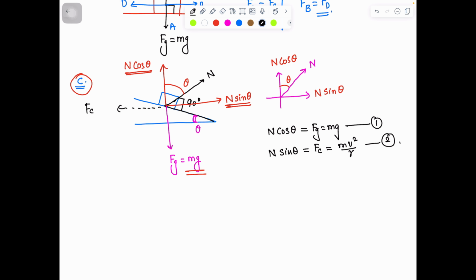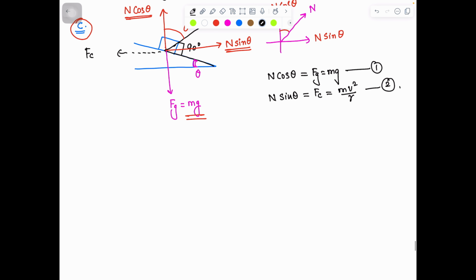Okay guys, I will tell you slowly, so that if you understand every single part, then you can solve the last part, the D part. Let's say a body is moving on the banked surface.